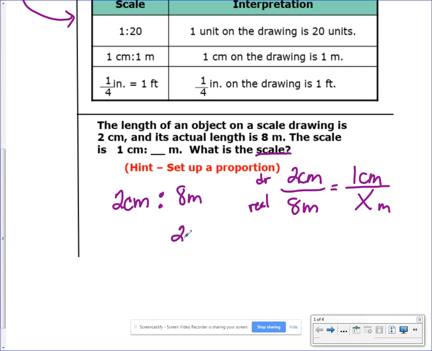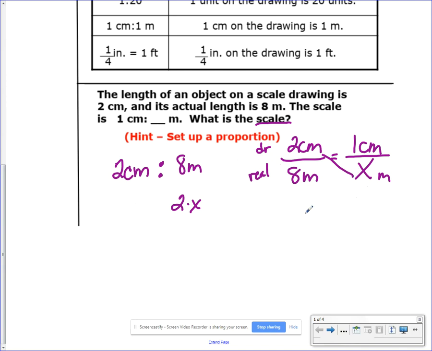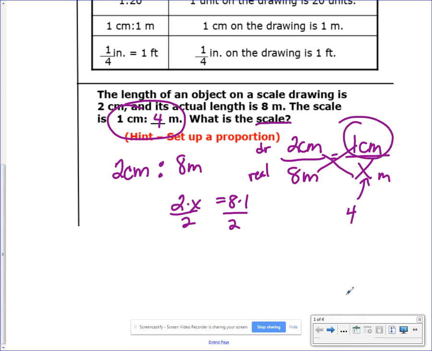Otherwise, cross multiply and solve this one. Say 2 times x has to equal 8 times 1. And then divide both sides by 2, and you should get good old 4 there. So right here, 1 centimeter to 4 meters, that's the scale. The scale always starts with a 1 as the first item, or a 1 in the numerator over here.